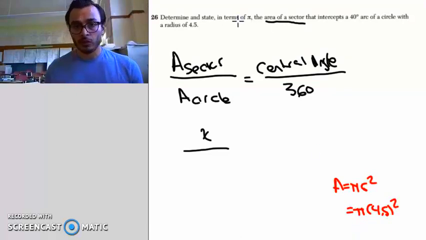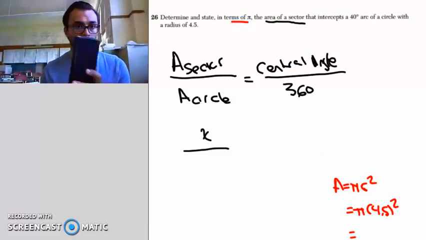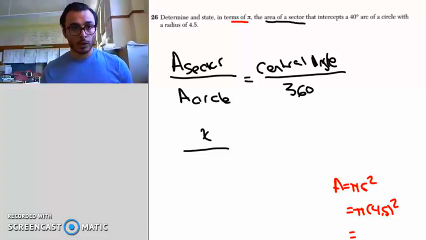And since they want this in terms of pi, I'm just going to square the 4.5 in a calculator. Got my handy dandy TI 84. TI over everything. Don't really mess with Casios. So we get 20.25 pi.